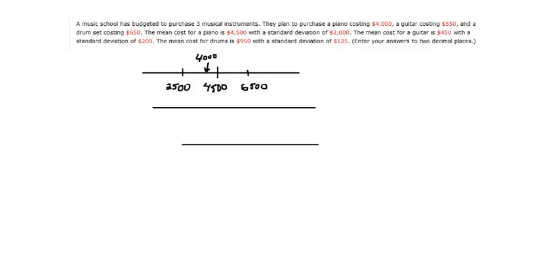We're going to use something called a z-score, or a standard score. The way the z-score works is this. We take the difference between the cost that we have minus the average cost.